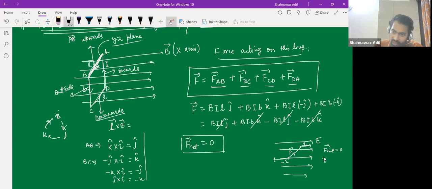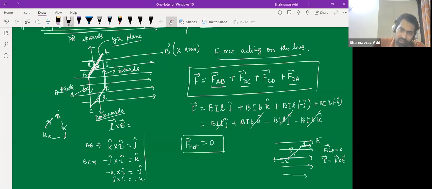And what was the rotational effect? Do you recall? PE sin theta, yes, P sin theta, which was P cross E. Correct, guys?